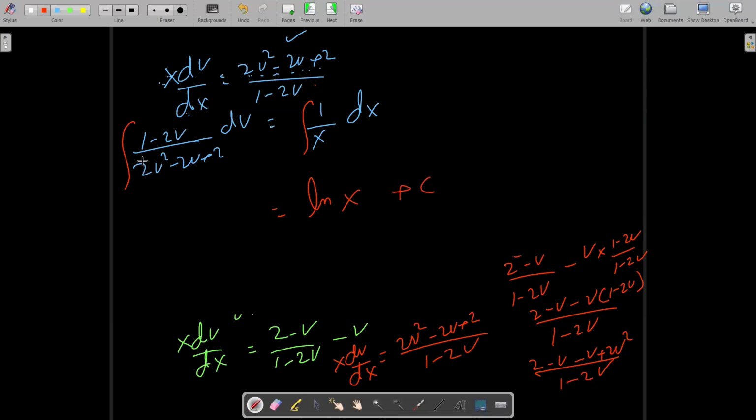What about the left side, 1 minus 2v over 2v square minus 2v plus 2? If you factor out 2 as common, you can take it out. It's going to be 1 minus 2v over v square minus v plus 1.